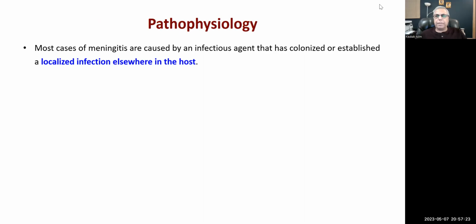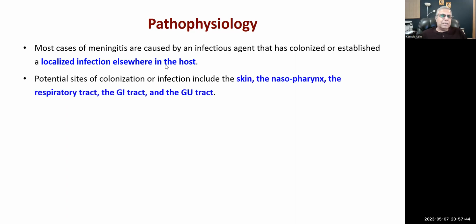Most cases of meningitis are caused by an infectious agent that has colonized or established a localized infection elsewhere. So it has come from somewhere in the body, and I'll show you those places, but it could be anything. It could be from your throat, from your sinuses.